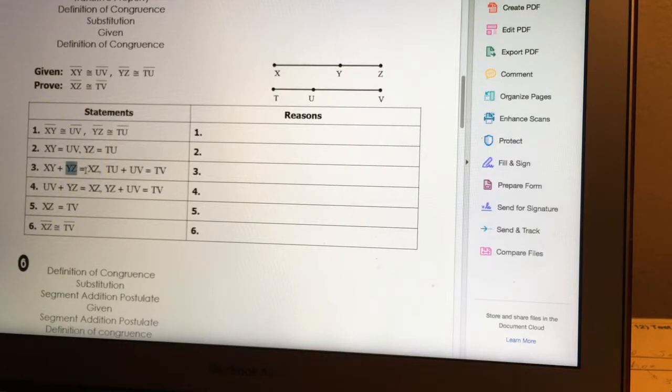Part plus part equals whole. And this second equation comes from the bottom one: TU, first part, plus UV, second part, equals TV, which is the whole thing. Part plus part equals whole. So number 3, the reason we were able to make that statement was segment addition postulate. So go ahead and cross off that one or check it off.